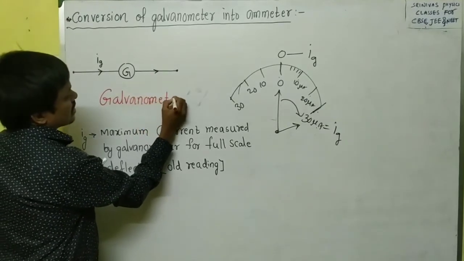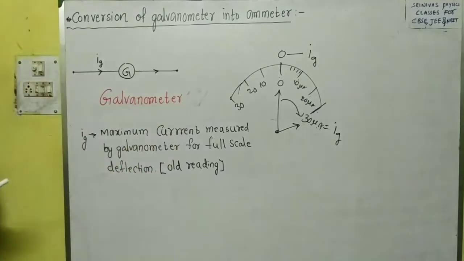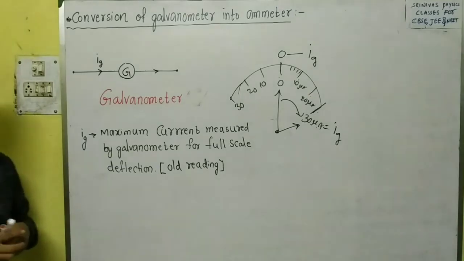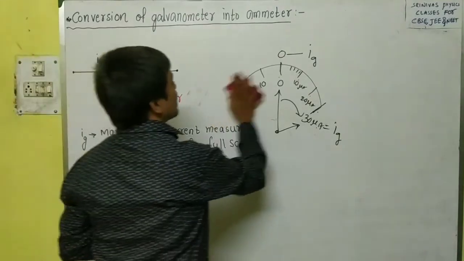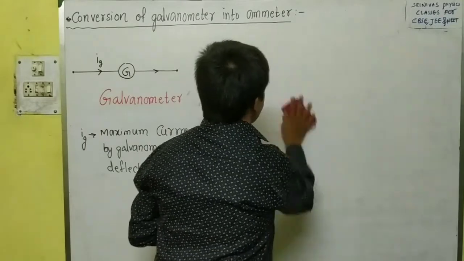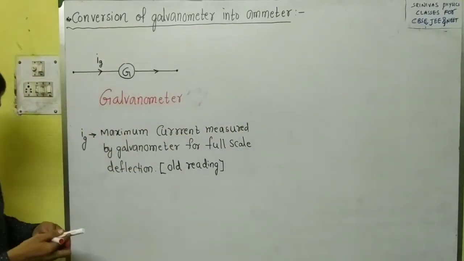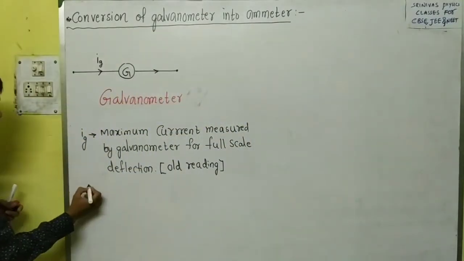This is the galvanometer. Now I want to convert this galvanometer into an ammeter. Then what do we have to do? It is very simple. For example, I want to measure the current I by using this galvanometer.